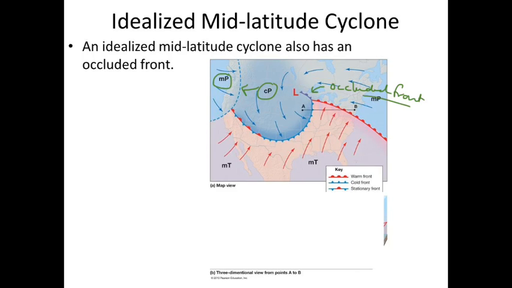This would be a mid-latitude cyclone in its mature stage. If we had those white lines, those isobars, you'd see them very tightly spaced around that occluded front. Of course, we have our cold front and our warm front.